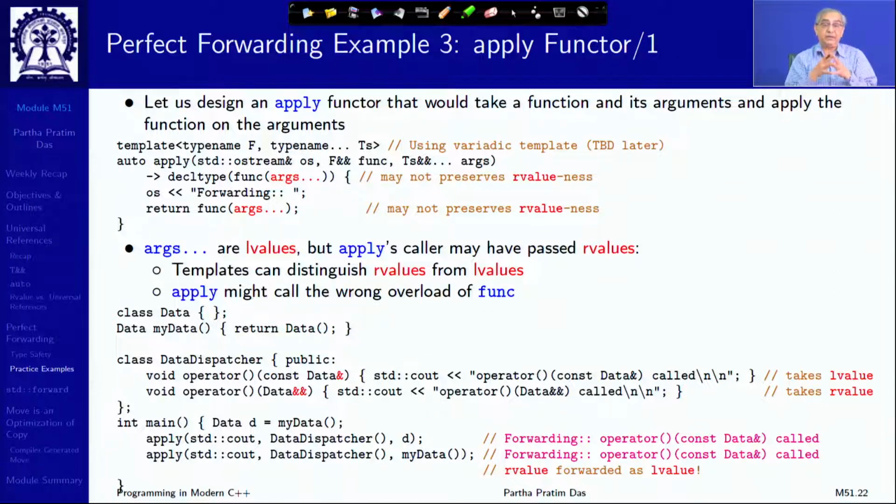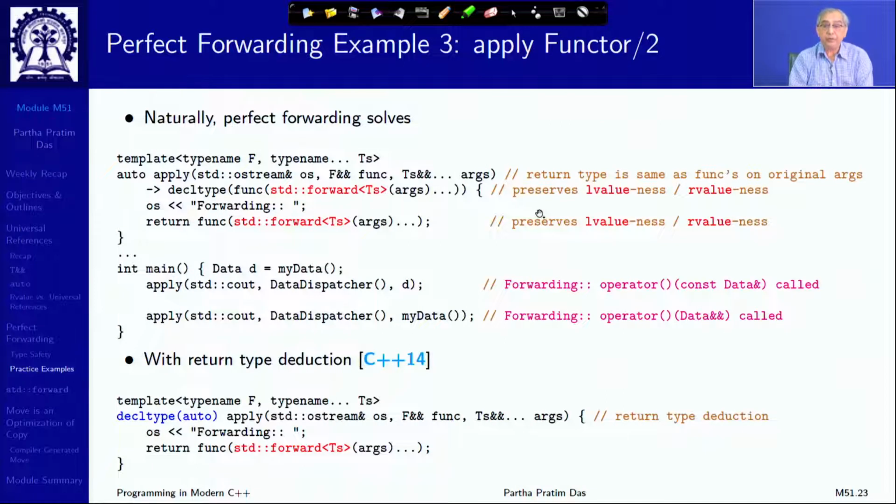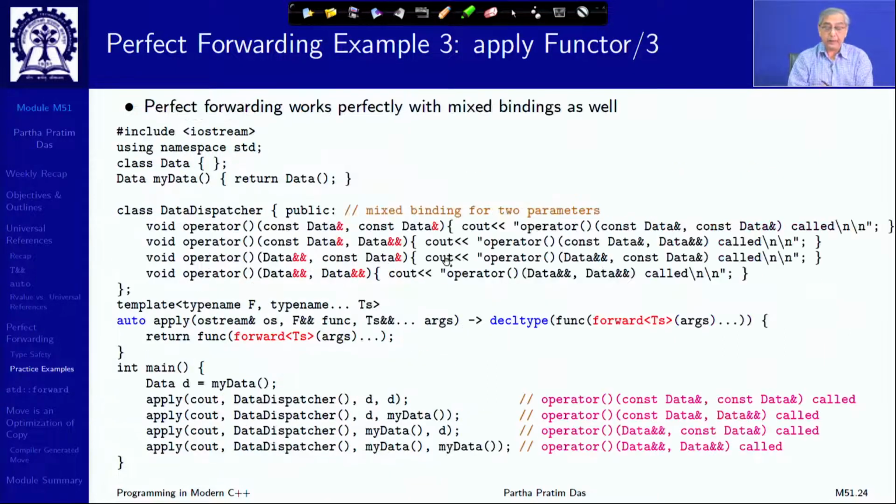First, you just take the naive solution and it will not work, because everything will be forwarded as L value when the apply tries to take the function and pass the argument to it. But when you use std::forward on the parameter, you will be able to forward it in the proper way. So, please go through and prepare on this. The complete solution is finally given in this slide 24.